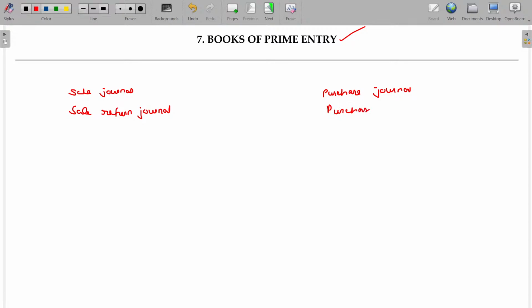These are the four aspects going to be covered here. We don't have debit or credit here. It's simply a statement, and this is for recording credit sales, and this is for recording credit purchases. In case of cash purchases and sales, directly may be posted in the cash book.